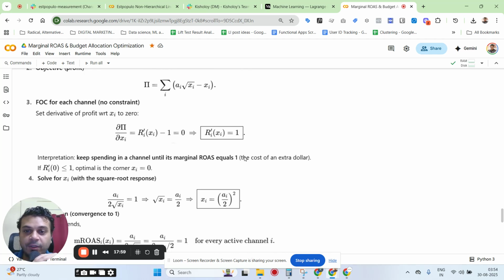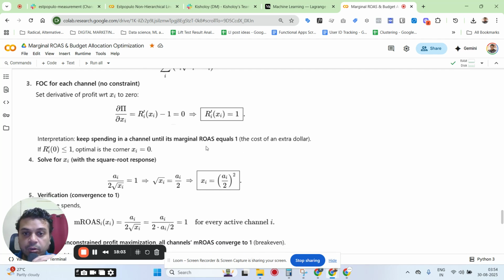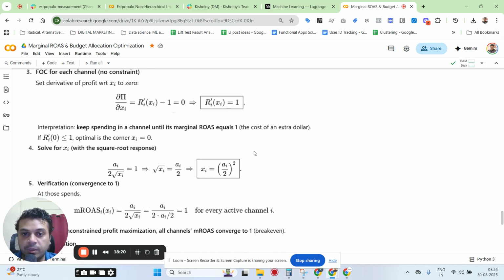So in this specific case, if you keep spending in a channel until its marginal ROAS equals 1, and if it becomes less than 1, then there's no point in adding additional dollars. You don't want to spend anymore if the marginal ROAS becomes less than 1, right? That is the simple point.